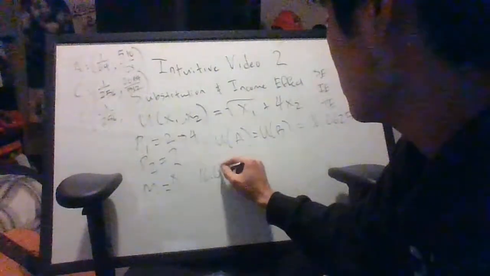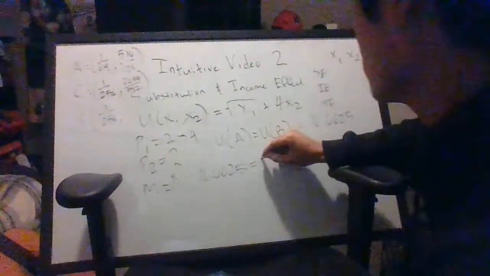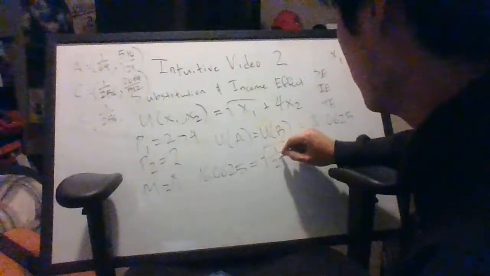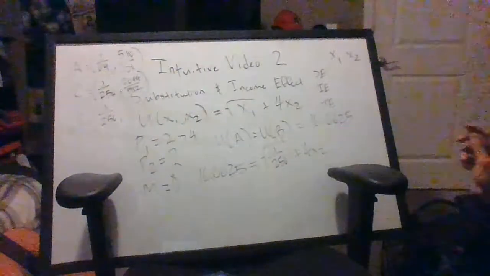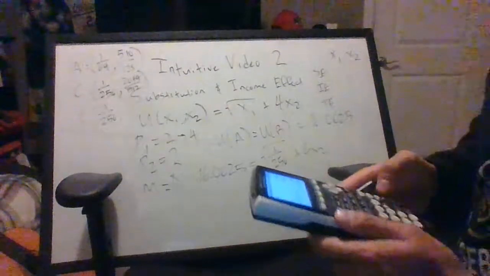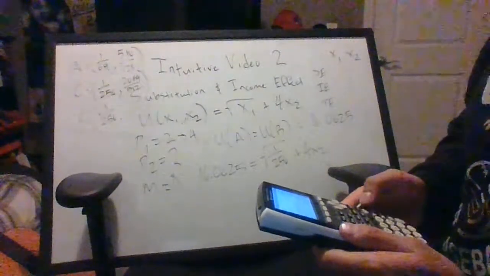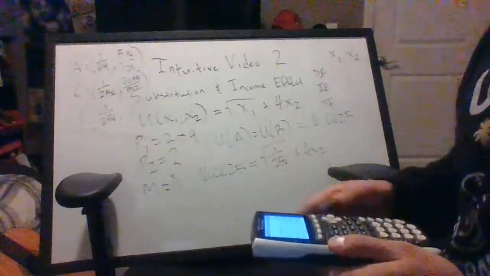So 16.0625 is equal to the square root of 1 over 256 plus 4x2. So whichever value this is, 1 divided by 256 is .5, right?